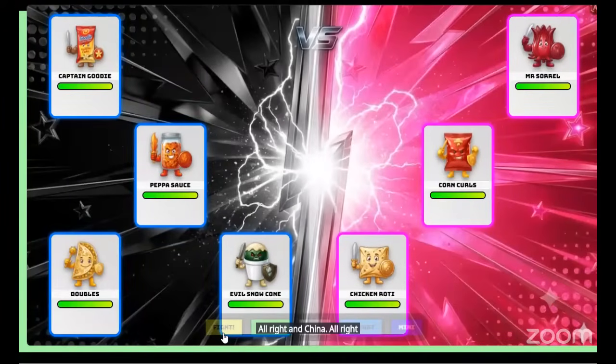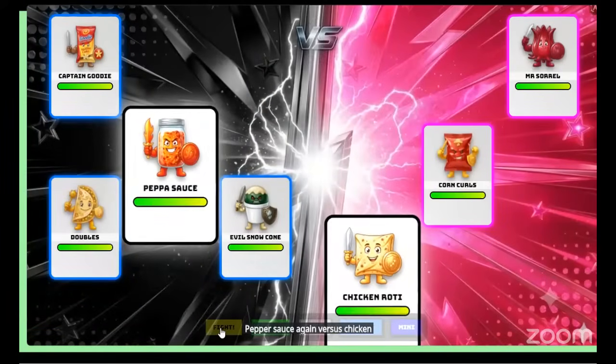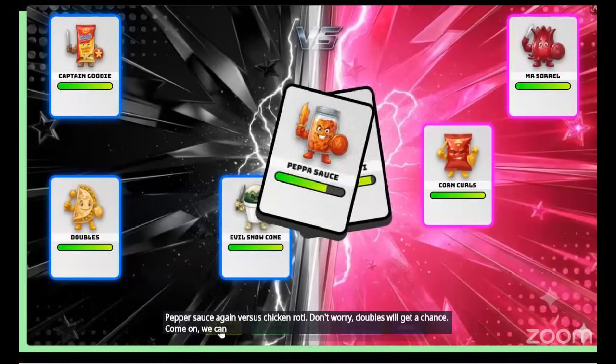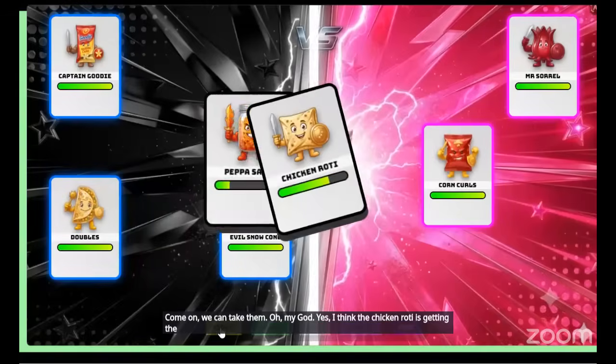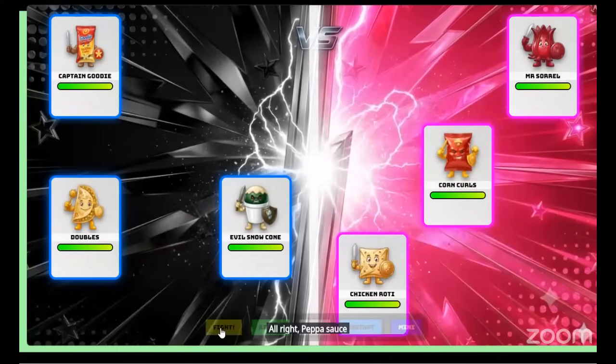All right. Let's have another fight. We'll do 2 fights every time we're here. Who's up next? Pepper sauce again versus chicken roti. Don't worry, doubles will get a chance just now. Come on, we can take down pepper. Oh my god. Yes, I think the chicken roti is getting the upper hand here. All right, pepper sauce is gone.